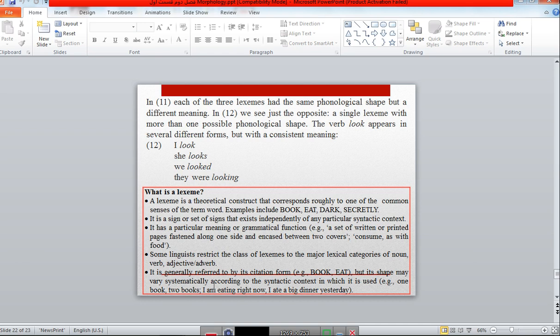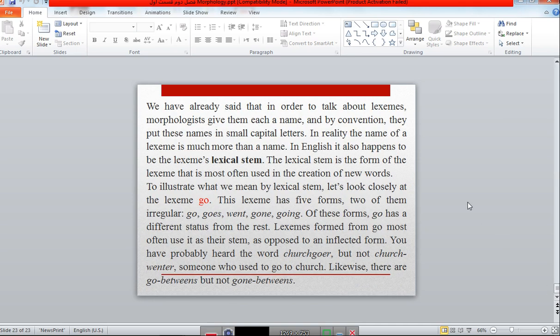And the last one, it is generally referred to by its citation form, for example, book or eat, but its shape may vary systematically according to the syntactic context in which it is used. For example, one book, two books, or I'm eating, I ate. Okay, these are the definitions of lexeme, which I talked about in the previous part.